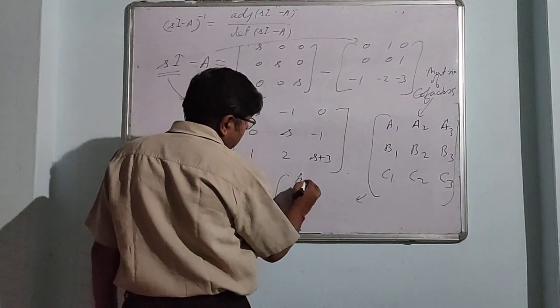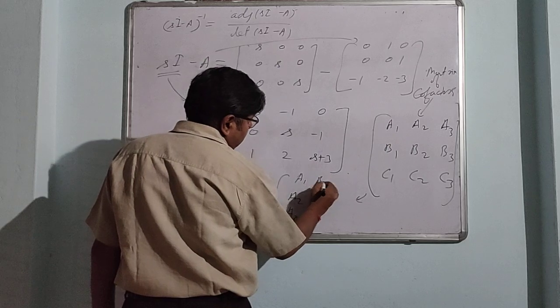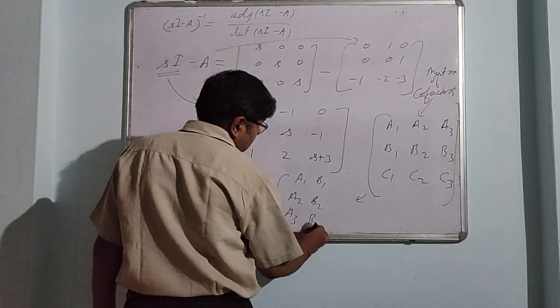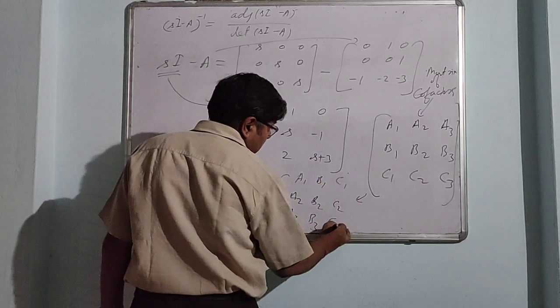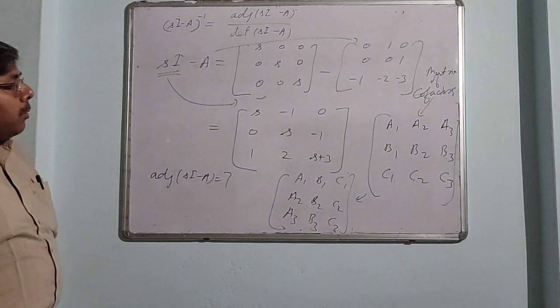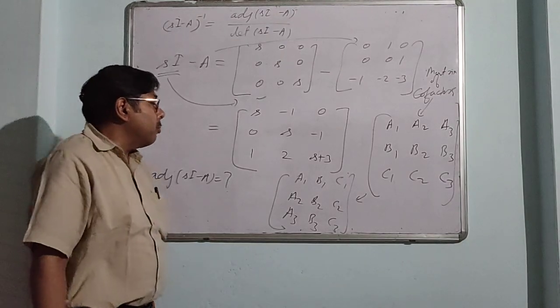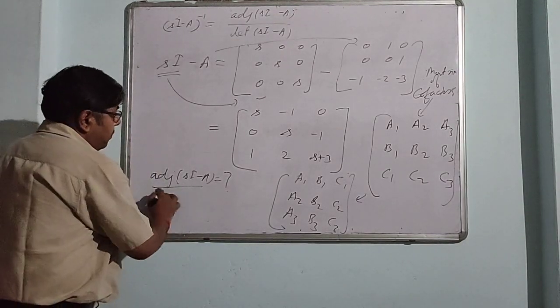After transpose, the expression is like this: A1, A2, A3, B1, B2, B3, C1, C2, C3. So first calculate the matrix of cofactors, then transpose that matrix, you will get adjoint.